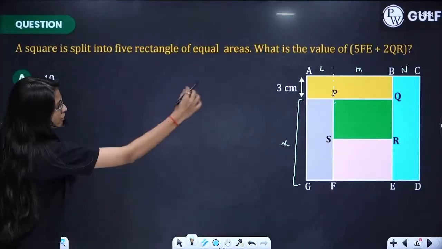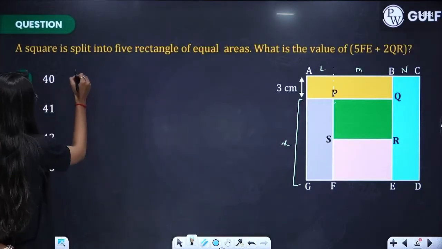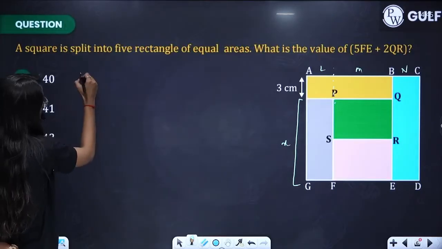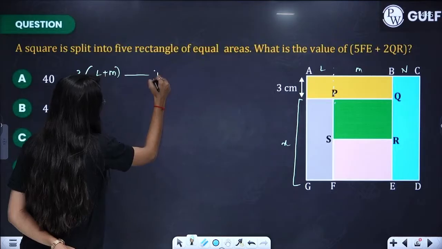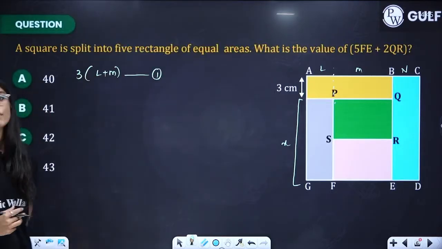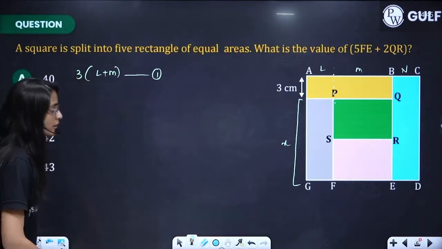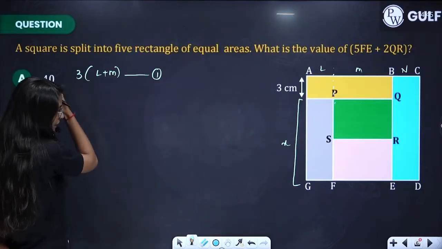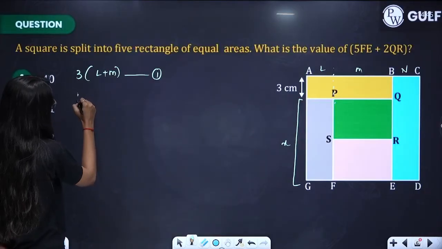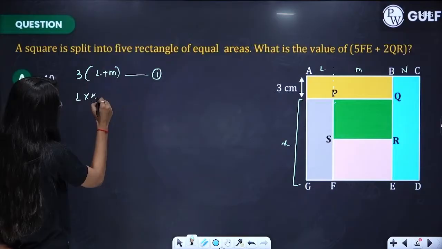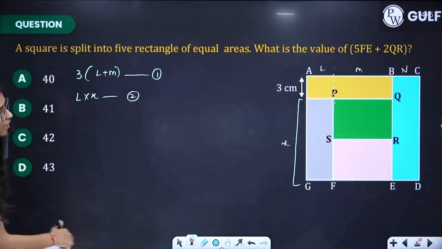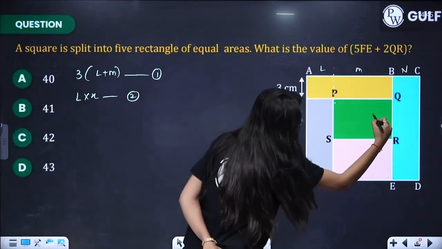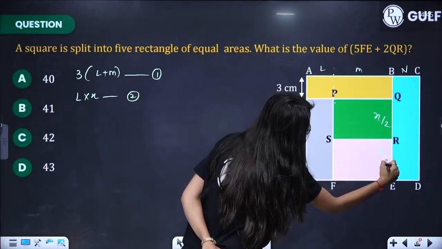So for the very first rectangle, the area will be 3 multiplied by L plus M. I'm naming the equations so that we can easily solve them later on. Second rectangle, it's L multiplied by X. Third, if this whole is X, can I say this is X by 2? This will also be X by 2.